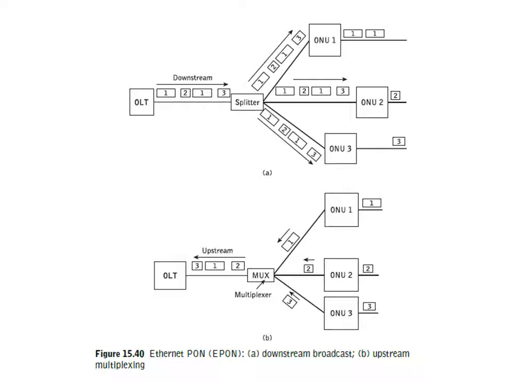In the upstream, traffic in EPON is managed by employing a TDM approach illustrated in figure B. Specific transmission time slots are dedicated to each ONU in order not to interfere with each other once the data is coupled onto the common fiber.